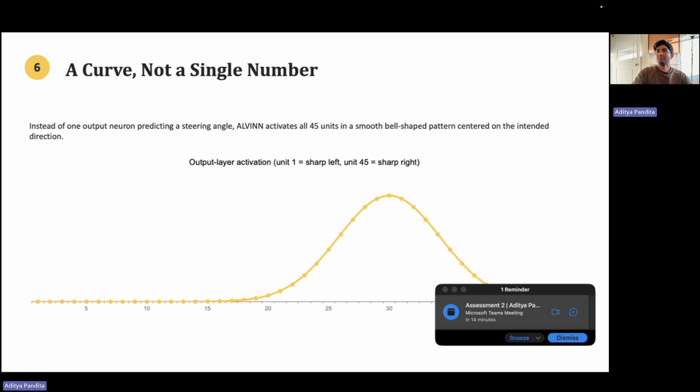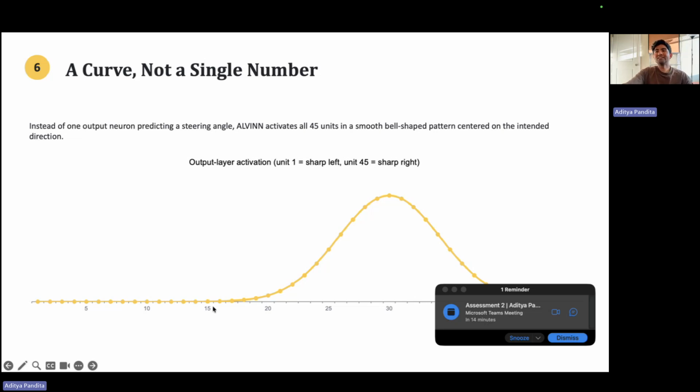The output is a curve, not a single number. You might expect one output neuron that directly predicts the steering angle. ALVIN doesn't do that. Instead, all 45 output units activate together in a smooth bell-shaped curve centered on the correct direction. The peak represents the intended steering direction. Nearby units are partially activated too, and distant units stay almost zero.